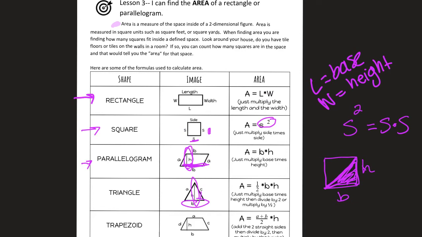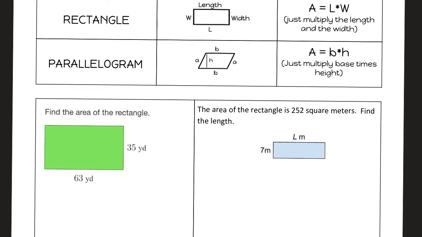You take the 2 straight sides, B and A, and you add them together. You take that number divided by 2, and then whatever that whole thing is, times the height right here. So A plus B divided by 2 times H. But today we are just going to focus on rectangles and parallelograms.